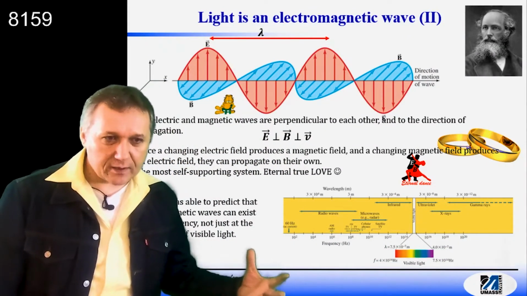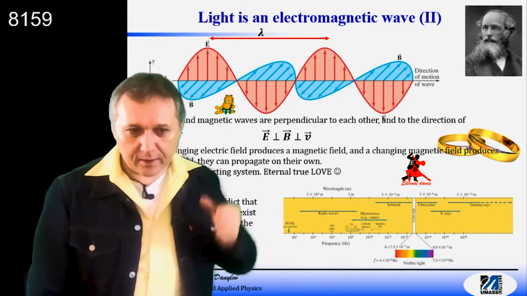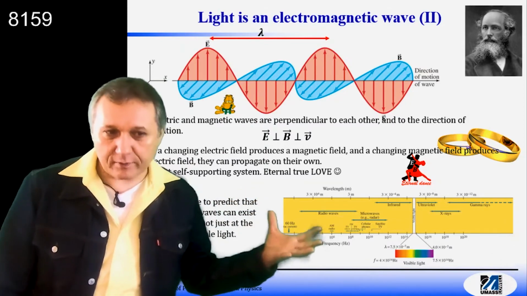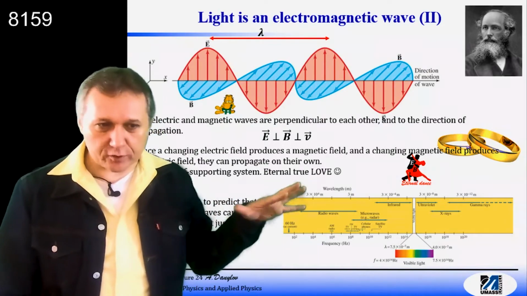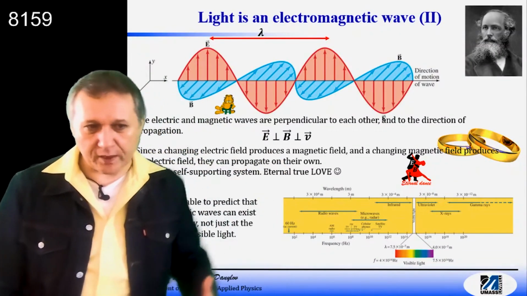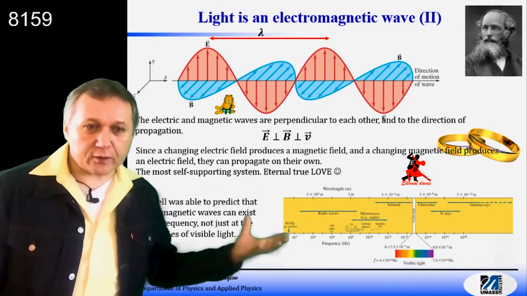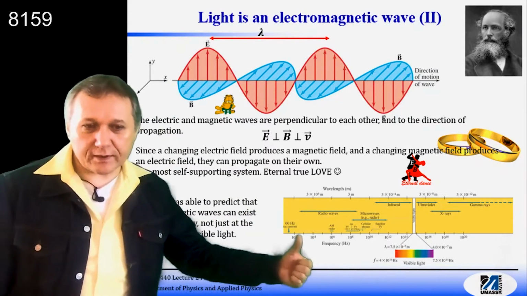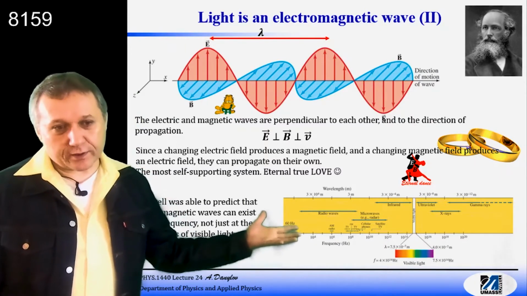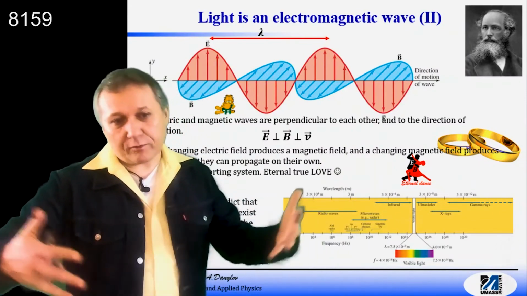If a problem says that there is a radio wave, it should immediately tell you that it travels with the speed of light. Of course, the problem is not going to tell you, guys. Remember, it travels with the speed of light. You should be able to realize that. But of course, frequency and wavelengths are going to be different. On this side, radio waves, radio signal, have large wavelength, but small frequency.